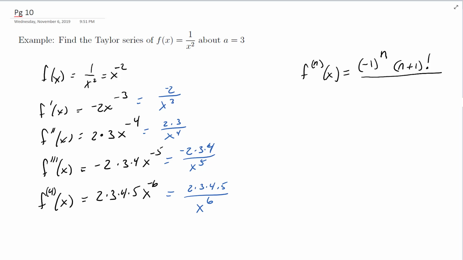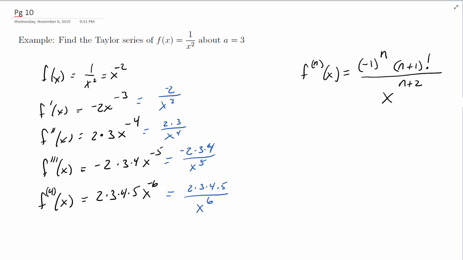The highest number in the fourth derivative is a 5, so that's my n plus 1 factorial. Now my power on x: in the fourth derivative, the power is a 6. The third derivative, the power is a 5. The second derivative, the power is a 4. So this is going to be n plus 2. So now I have a formula for the nth derivative.